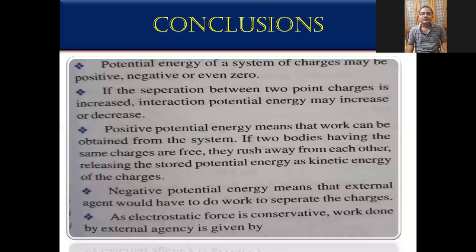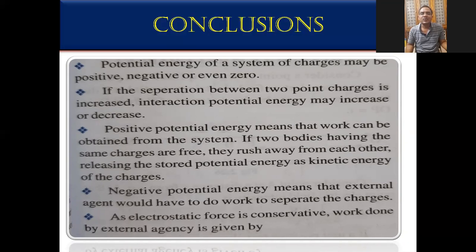After that we talked about the important points of the potential energy. Potential energy of the system of charges may be positive, negative or zero. When q1 and q2 are like charges, the potential energy of the system is taken as positive. If the charges are unlike, the potential energy is taken as negative, because there exists an attractive force, and the work done by the external agent against the attractive force is taken as negative.